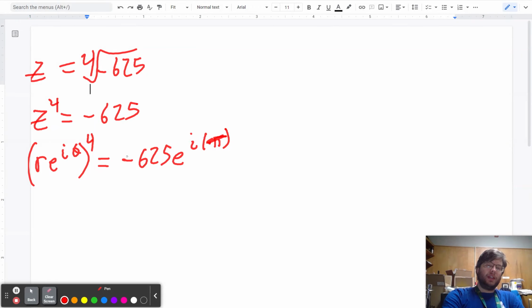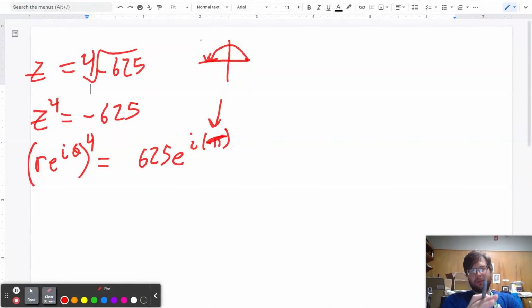Oh, I'm sorry, the negative value there gets erased, because this pi right here, if you think about going pi radians over, that's how I get the negative part of it. So 625 should be a positive number, because that's the distance from 0. The pi part takes care of the fact that it's on the negative half of the number line.